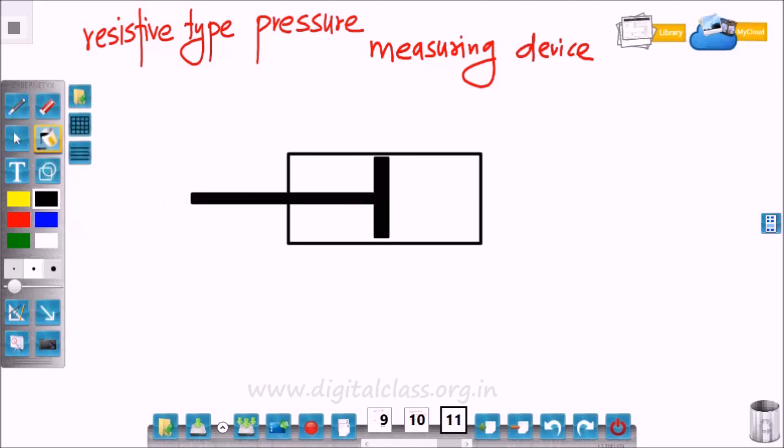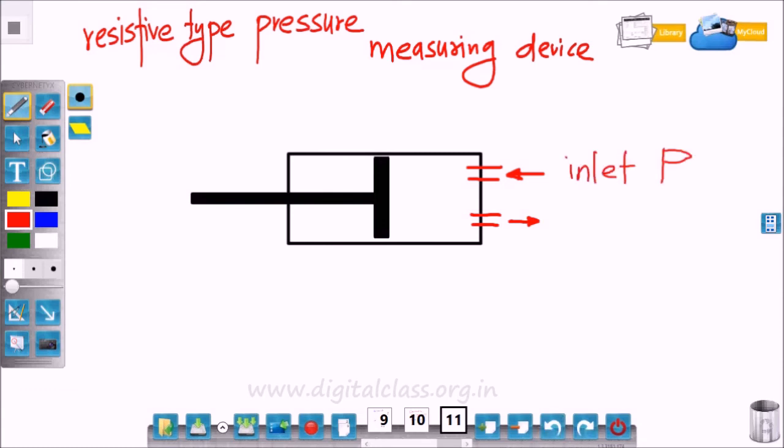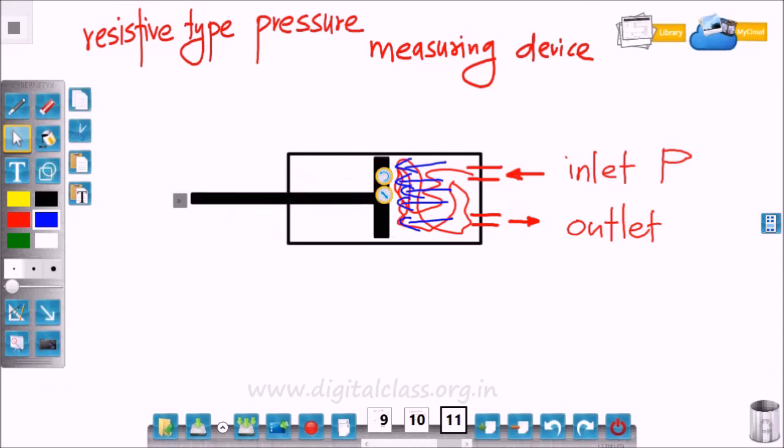We know that as pressure increases, the piston moves. This is the inlet and outlet port. So as pressure rises, the piston moves.